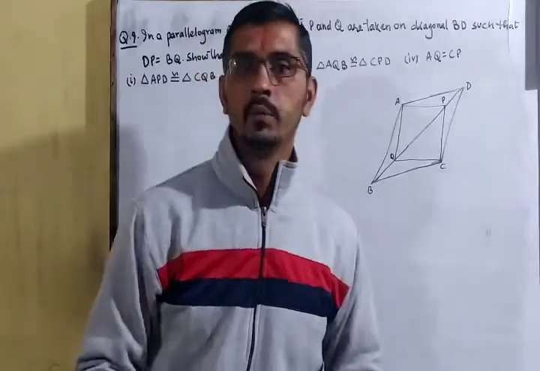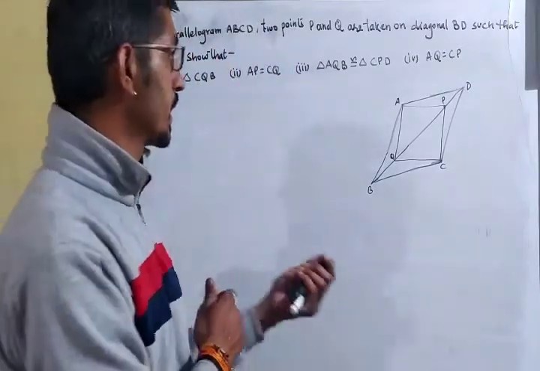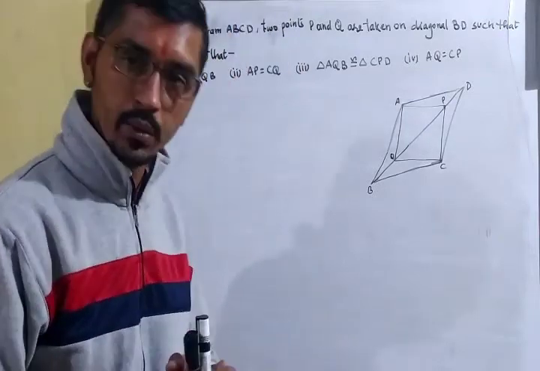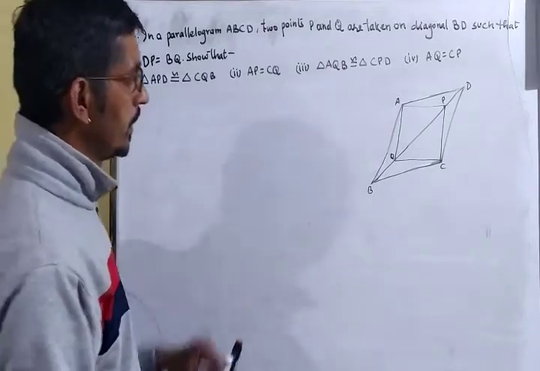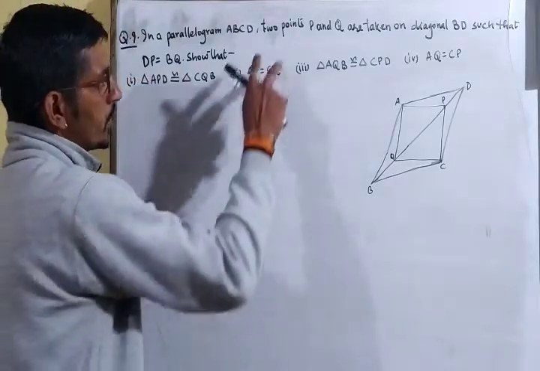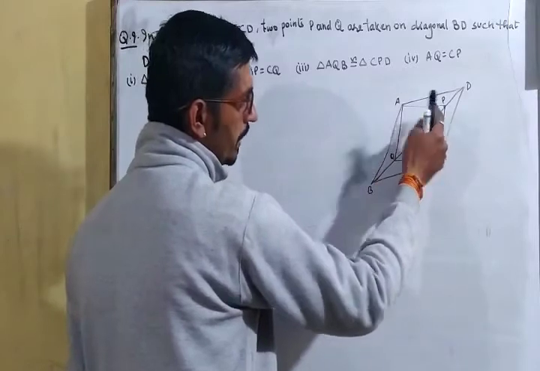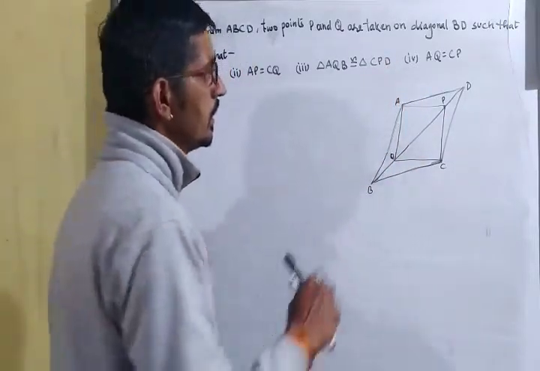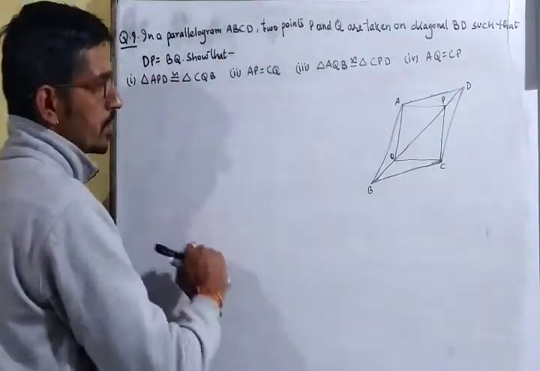Okay. Now moving to the next question, and this question is very very important, because in this we have to show 4 parts equal or congruent to each other. My question is: ABCD is a parallelogram and 2 points P and Q are taken on diagonal BD such that DP equals BQ.